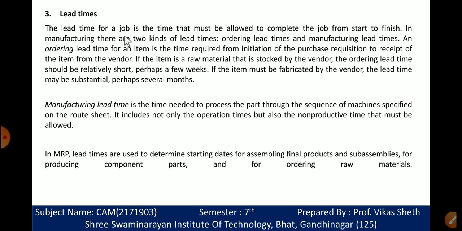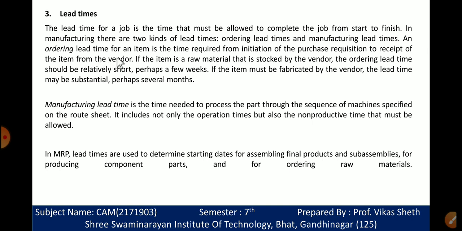The lead time for a job is the time that must be allowed to complete the job from start to finish. In manufacturing there are two kinds of lead times: ordering lead times and manufacturing lead times. So lead time is divided into two parts.